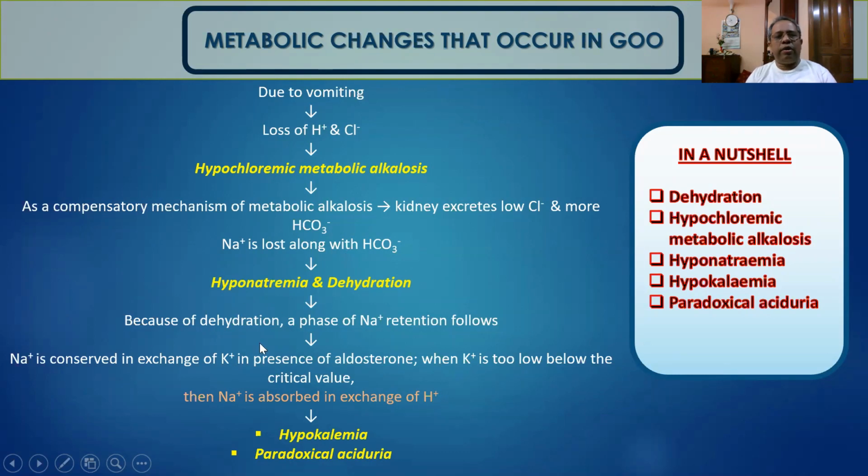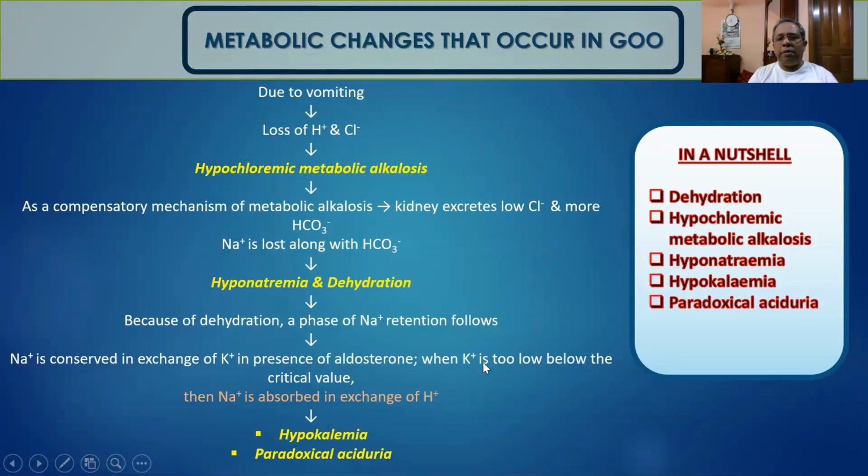Because of dehydration, sodium retention follows. Sodium is conserved in exchange for potassium in the presence of aldosterone in the renal tubules, the distal convoluted tubules. So whenever sodium is preserved, the potassium passes through the urine. Gradually the sodium and potassium decline.